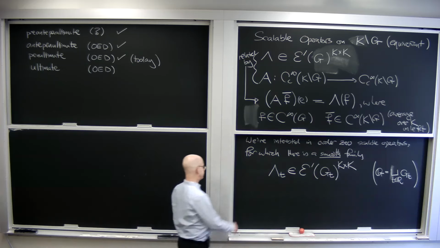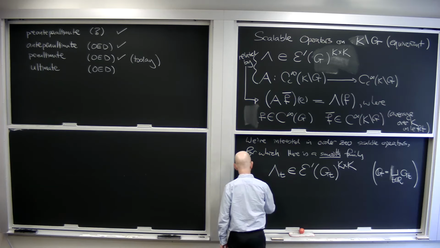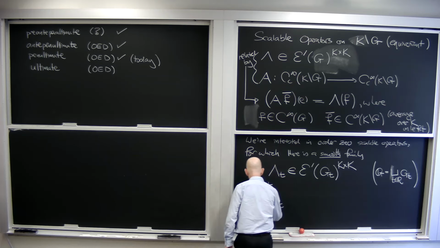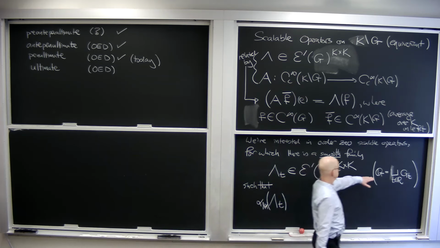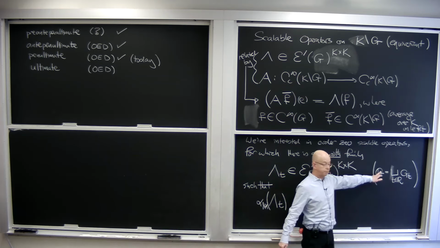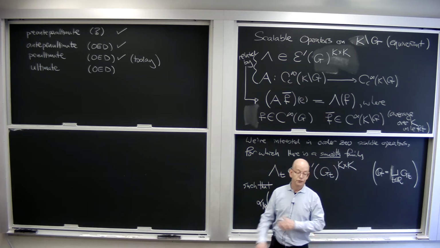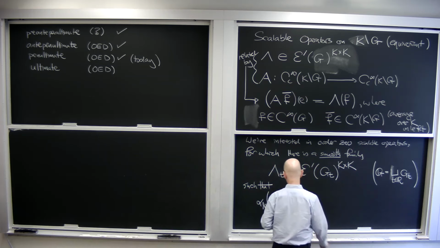Anyway, smooth family is such that, well, we have this family of diffeomorphisms of G, big G, to itself, which moves around the fibers, little g_t, this rescaling or zoom family of automorphisms.